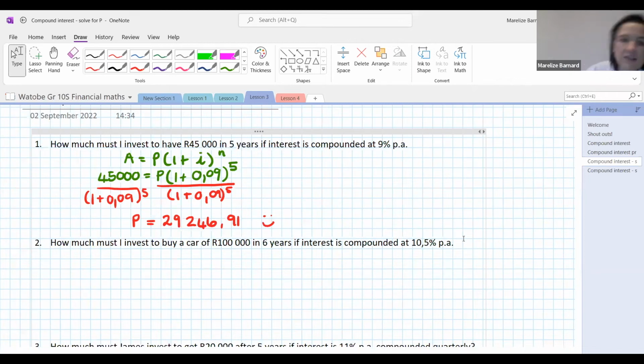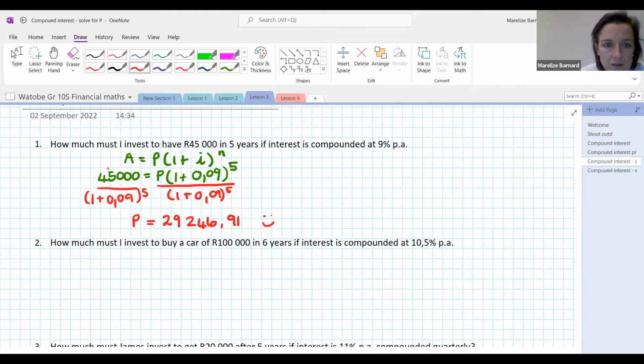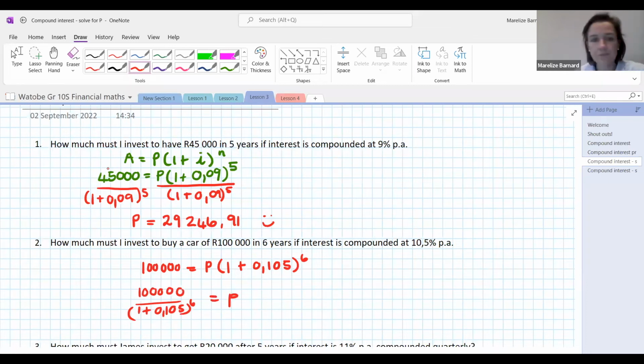Okay, pop your answer in the chat for this one if you've got it. So we're going to divide the 100,000 by 1 plus 0.0105 to the power of 6 to get our P value.